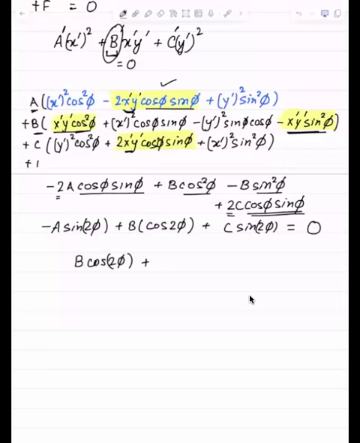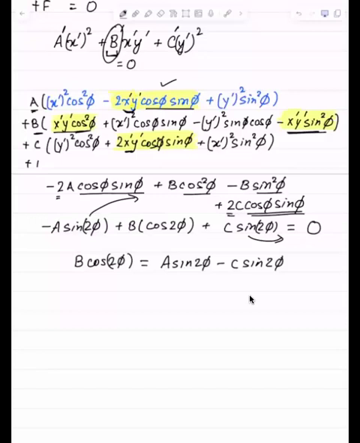So we have b cosine 2 phi equals a sine 2 phi minus c sine 2 phi. I just took both of these to the other side, right? Okay.